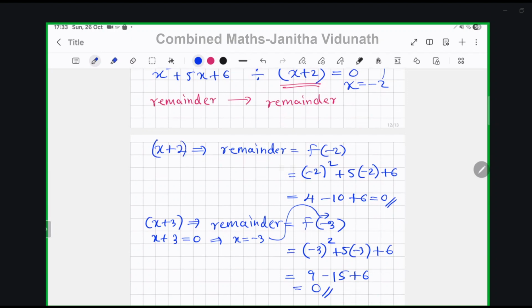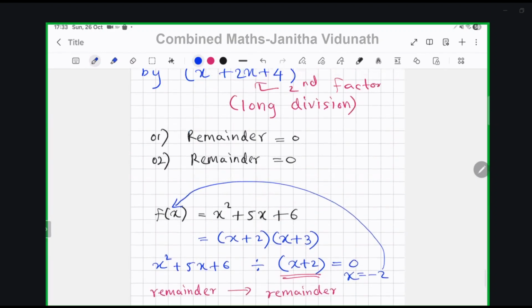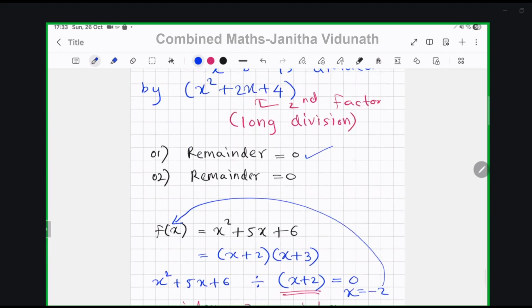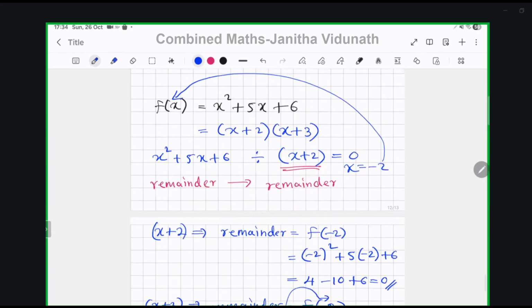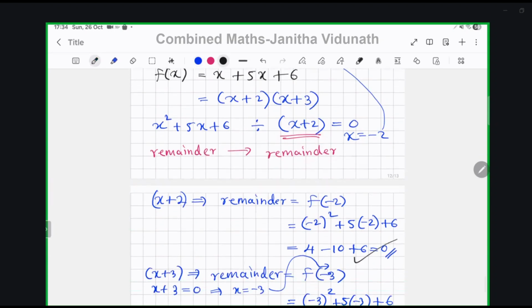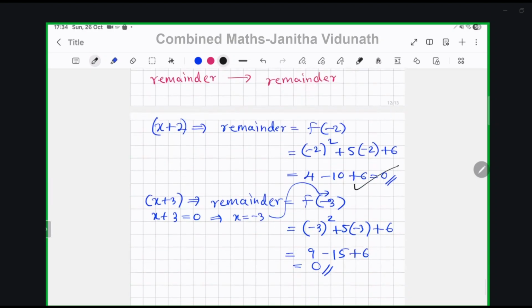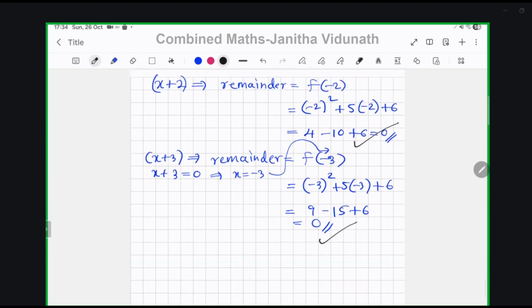Now we can see a pattern by observing those results. Here, when our polynomial is divided by a factor, the remainder is 0. Here also, when we divide by a factor, the remainder is 0. In the other examples also, when we divided by a factor, the remainder is 0. If we divide by the other factor also, the final answer is 0. Okay, from those observations, we can say if we divide a polynomial by its factors, the remainder should be 0.